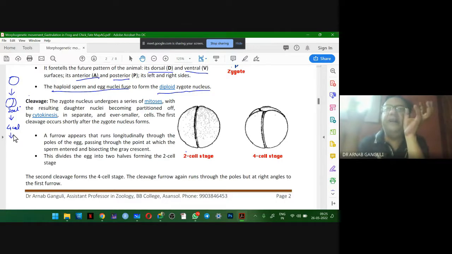Cells will keep on dividing. So by cleavage, that is, the cell will divide. Now, as you know, one fact is that the vegetal pole has lots of yolk.